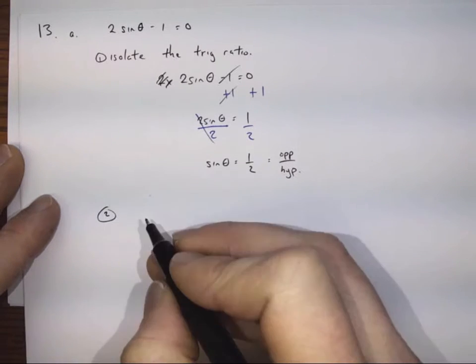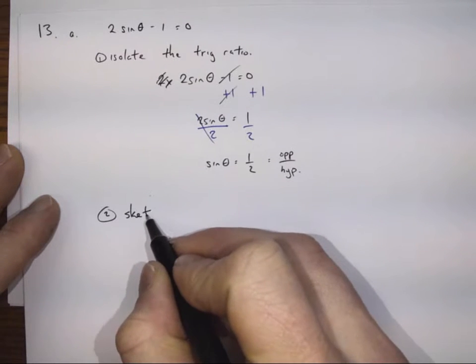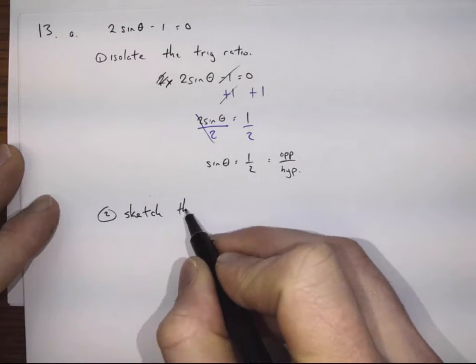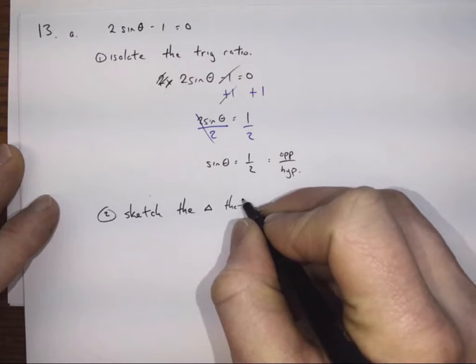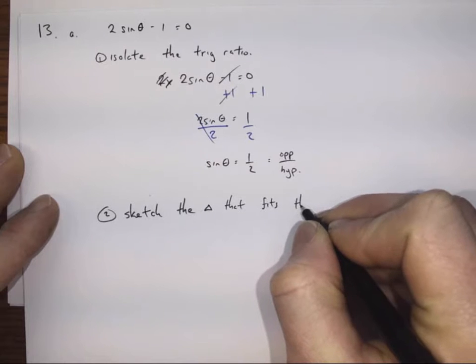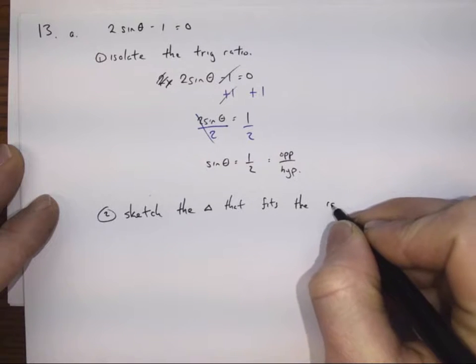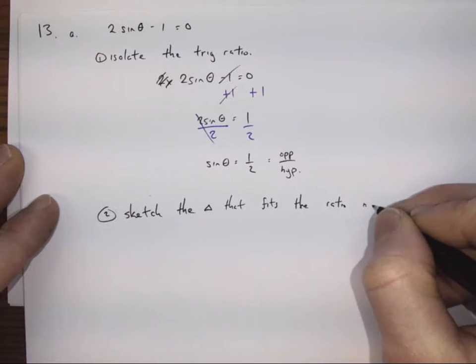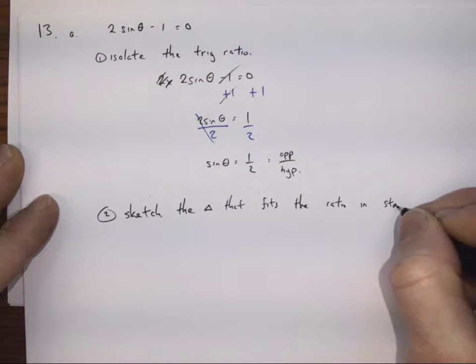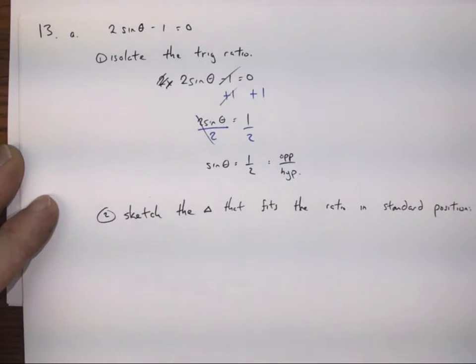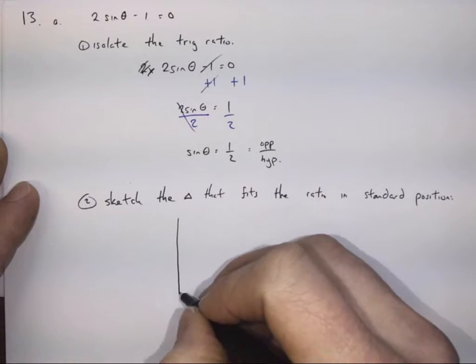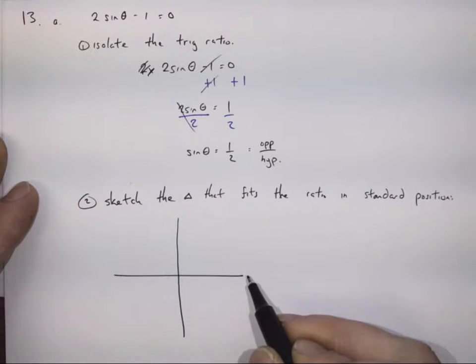Okay, so step 2 is we want to sketch the triangle that fits the ratio in what we call standard position. All right, so what that means is we're going to draw out some axes.